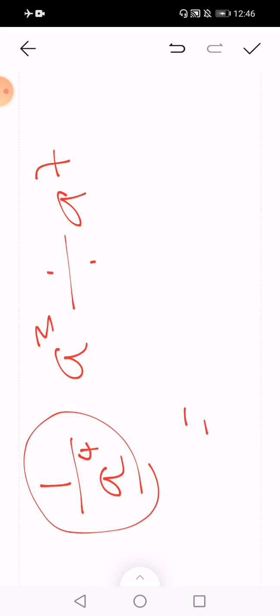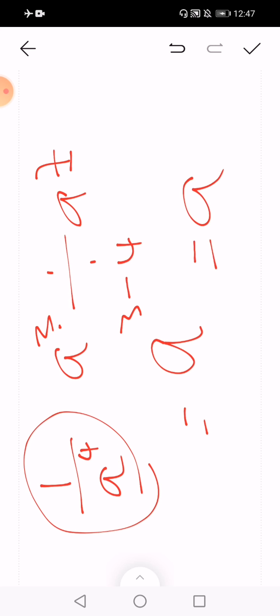So the rules say that we're going to subtract the power of the denominator from the power of the numerator. So we have a to the power 3 minus 7, I made a mistake here, sorry, and then I'm going to get a to the power negative 4.